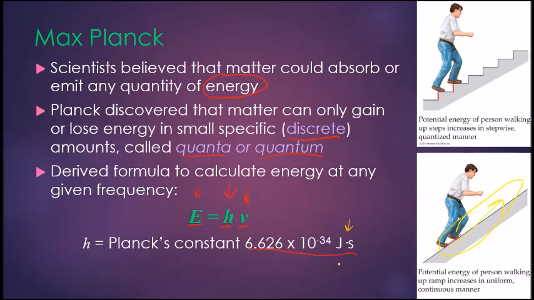However, it is a constant value, and we always plug it in for h into our equation. A bunch of math and a bunch of testing went into deciding that this factor is always constant. All right.